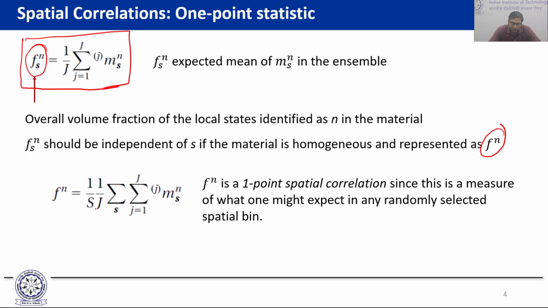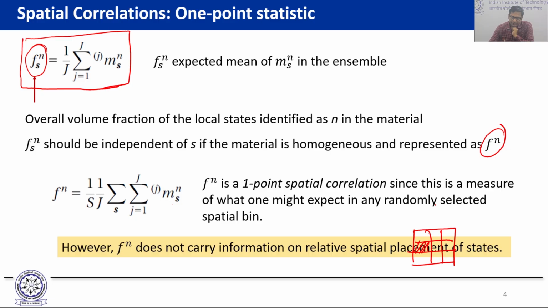It's basically a one-point spatial correlation, since this is a measure of what one might expect in any randomly selected spatial bin. When I say spatial bin, what I'm really referring to is the cells in which the microstructure is being represented. Okay. So basically this allows me to select a bin at random and then compute the probability of finding a given local state, allowing for the entire ensemble of microstructures.